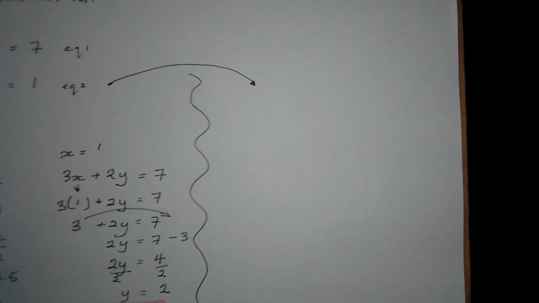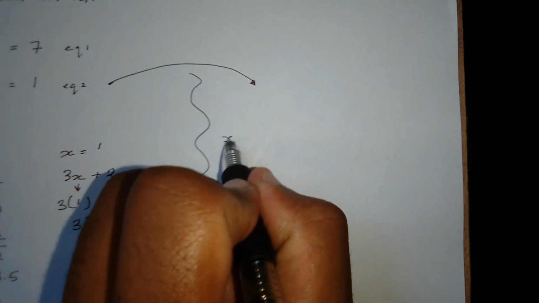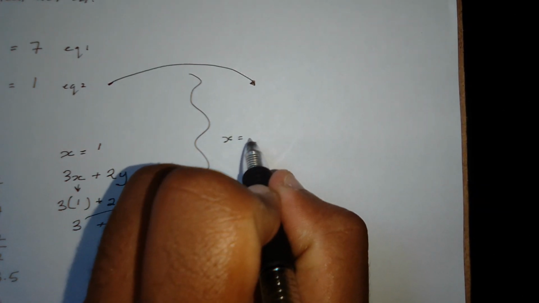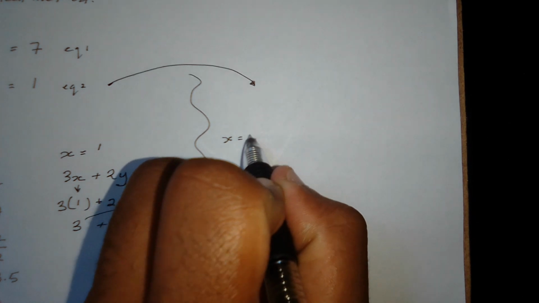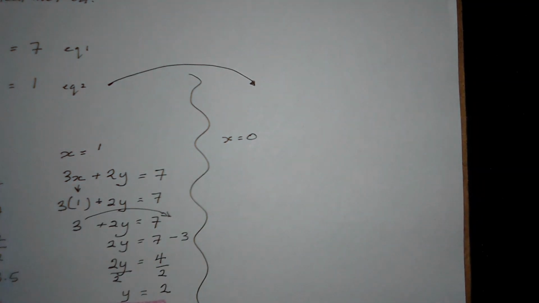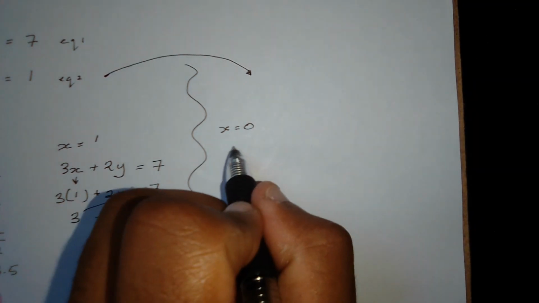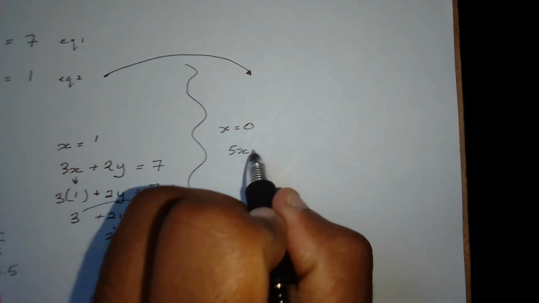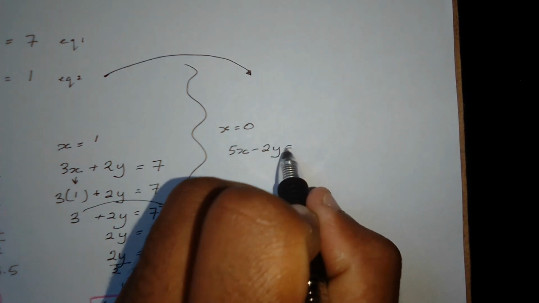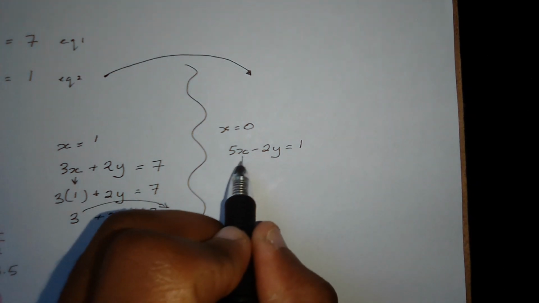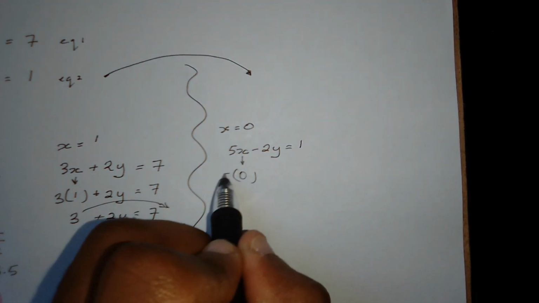So I need to find out the value. I'm going to pick any random x value. I'm going to say, okay, what if x was, you guys know I like using 0. What if x was 0? I'm going to have to say, okay, 5x minus 2y is equal to 1, where x is now 0.